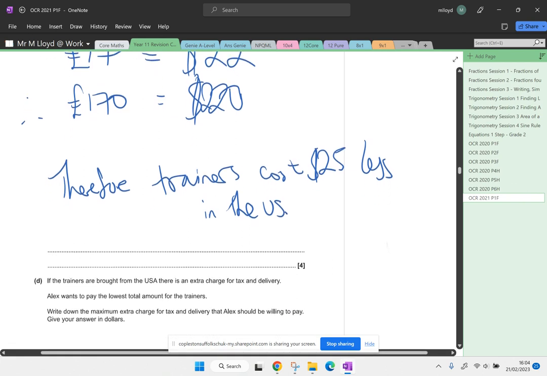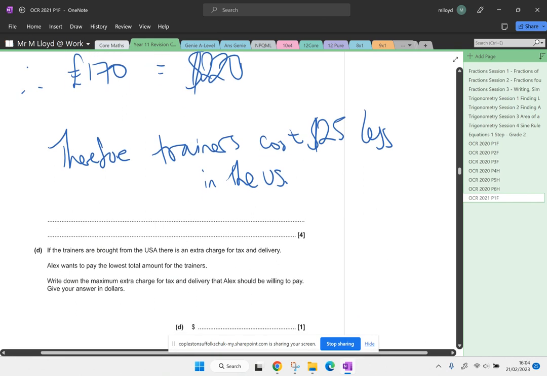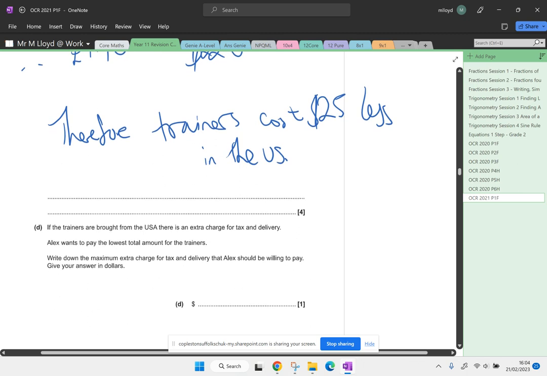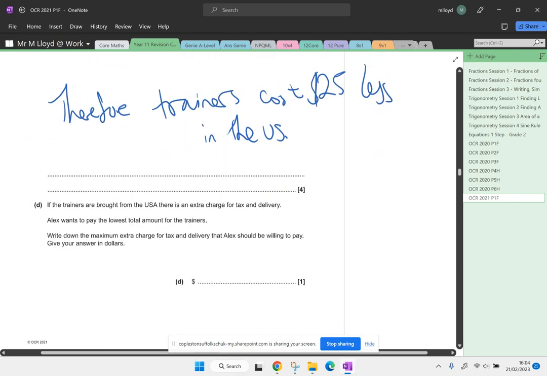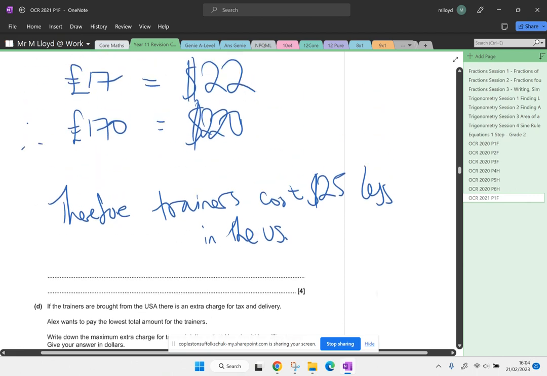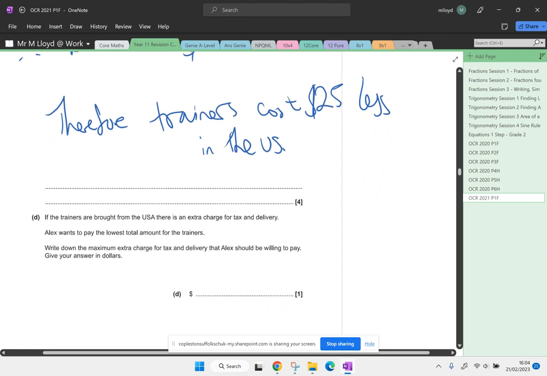If the trainers are bought from the USA, there is an extra charge for tax and delivery. Alex wants to pay the lowest total amount for the trainers. Write down the maximum extra charge for tax and delivery that Alex should be willing to pay. Now, I've just worked out there's a difference of $25. So, in theory, let me have a look. Write down the maximum charge that Alex would be willing to pay.